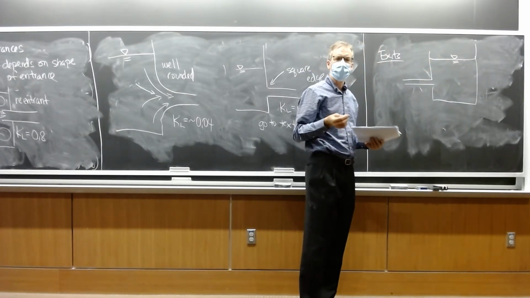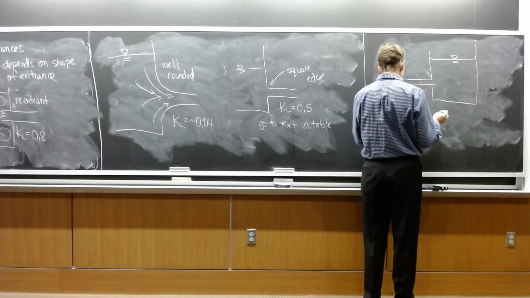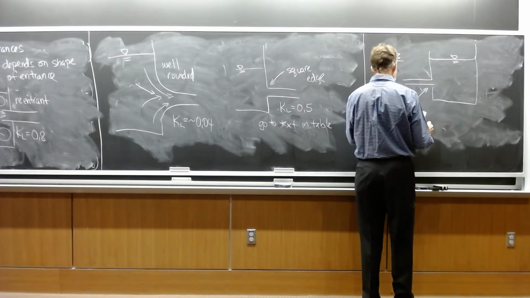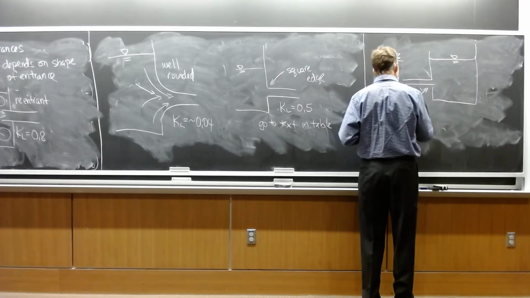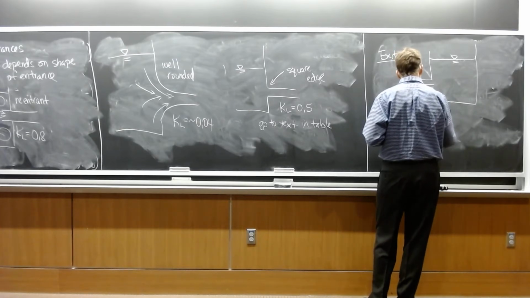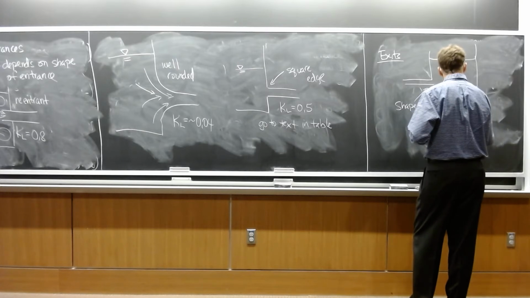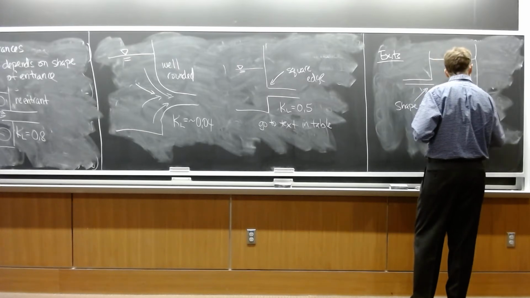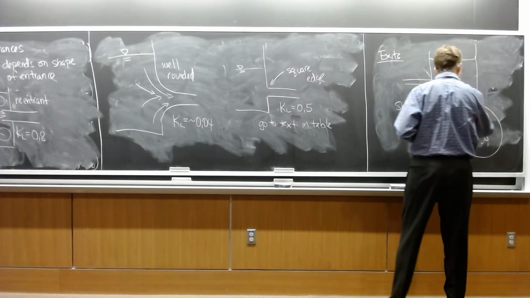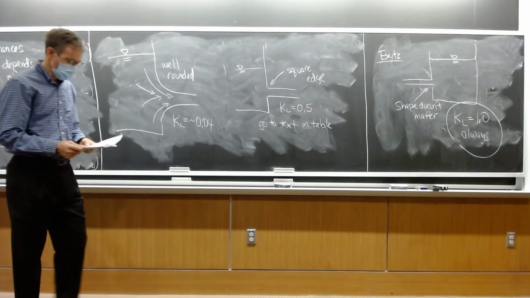There's no real advantage to rounding the corners because it's going to lose all the velocity energy it has. The shape doesn't matter. So that's the easy one. Just know that the exit K of L is 1.0.